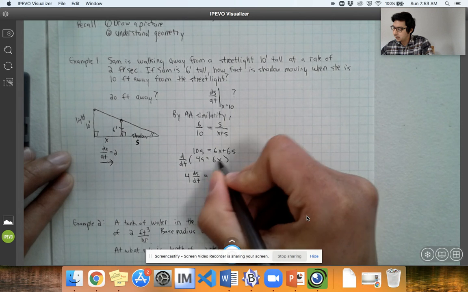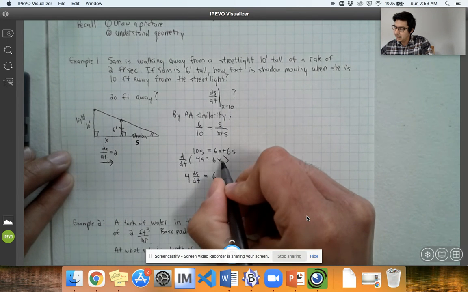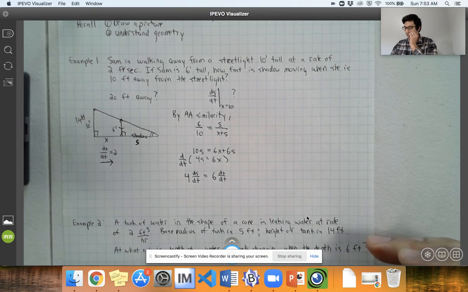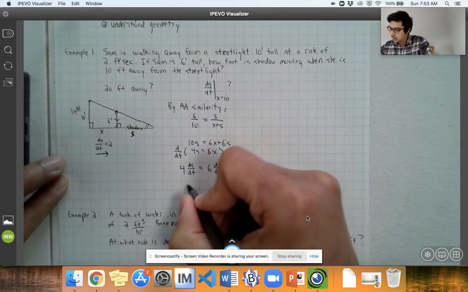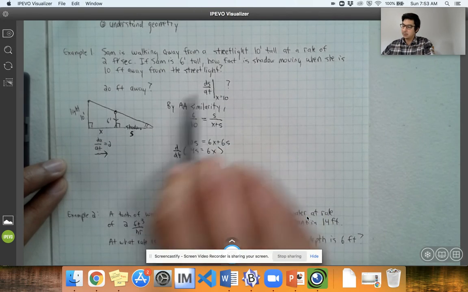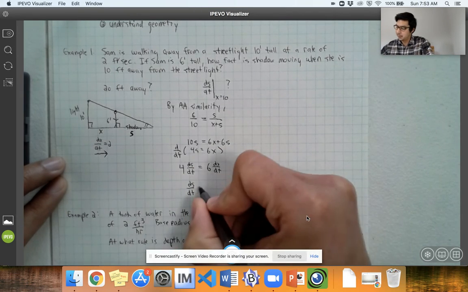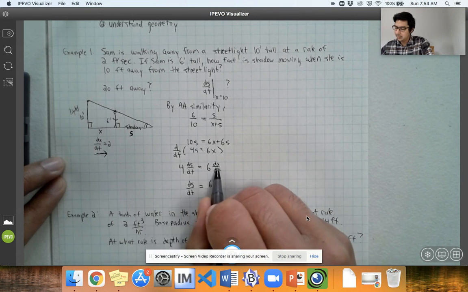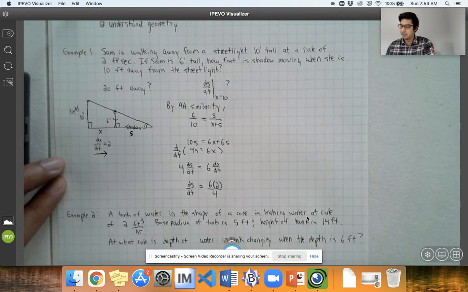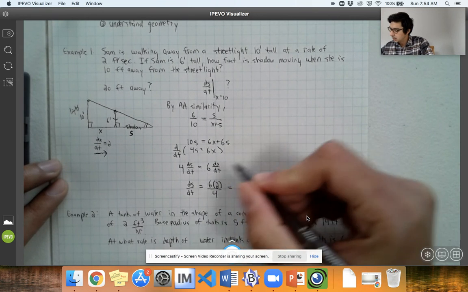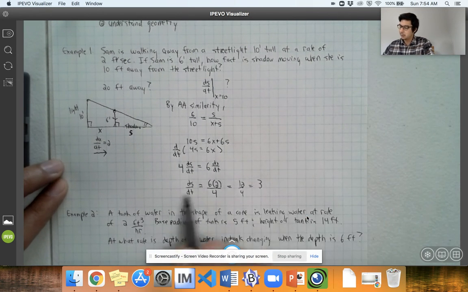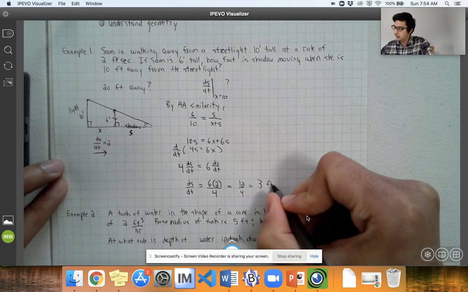It's equal to the derivative of 6x, which would be 6, times dx/dt. So ds/dt, which is what we're solving for, the rate at which the shadow is moving relative to time, is going to equal 6 times dx/dt, which we know is 2, divided by 4, which is 12 over 4, which is 3. And there you have it. So the shadow is moving at a rate of 3 feet per second.